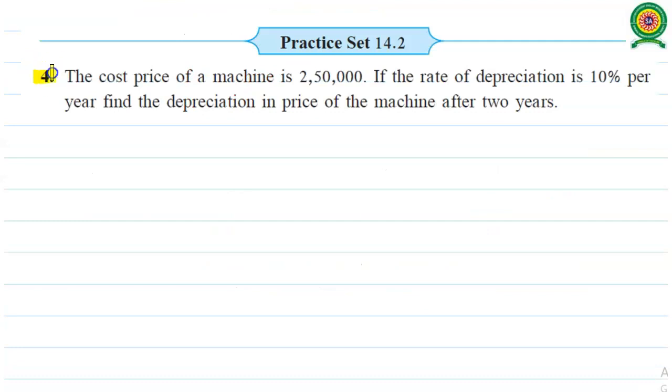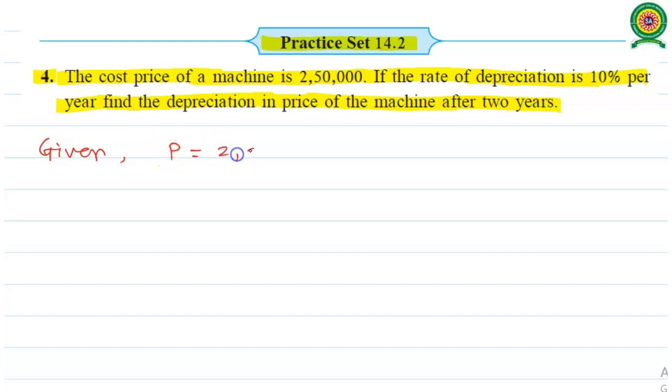Now look ahead, the fourth sub question from practice set 14.2. The cost price of a machine is 2,50,000. If the rate of depreciation is 10% per year, find the depreciation in the price of the machine after 2 years. As per the given data, firstly the principal amount of the machine is 2,50,000 rupees.